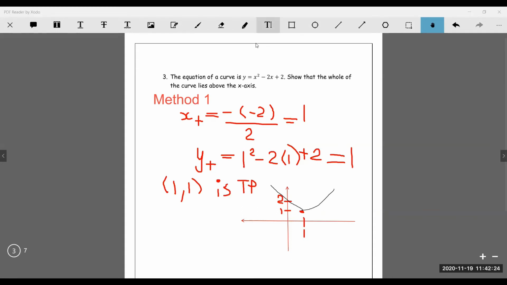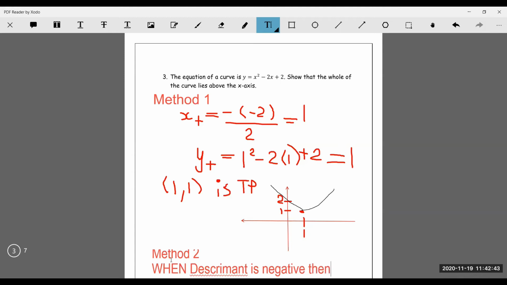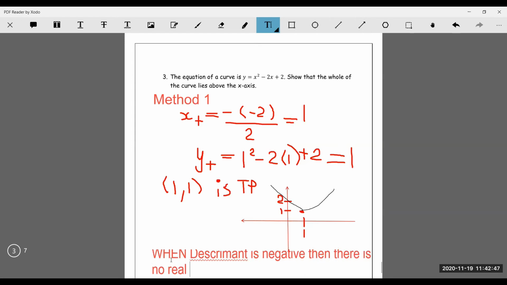Method 2 is using the discriminant. When the discriminant is negative, then there is no real root, and hence the curve is above the x-axis.